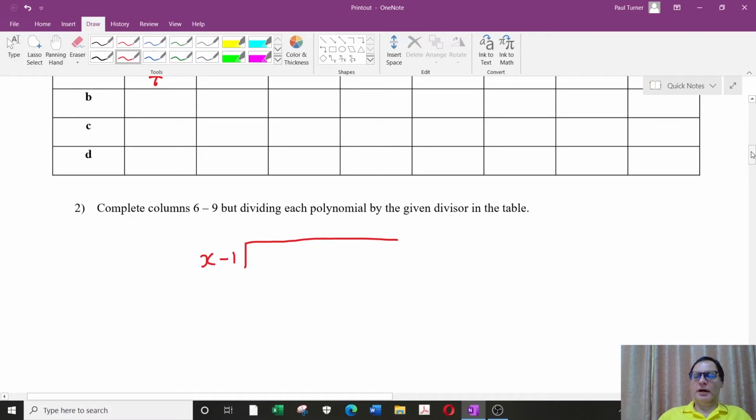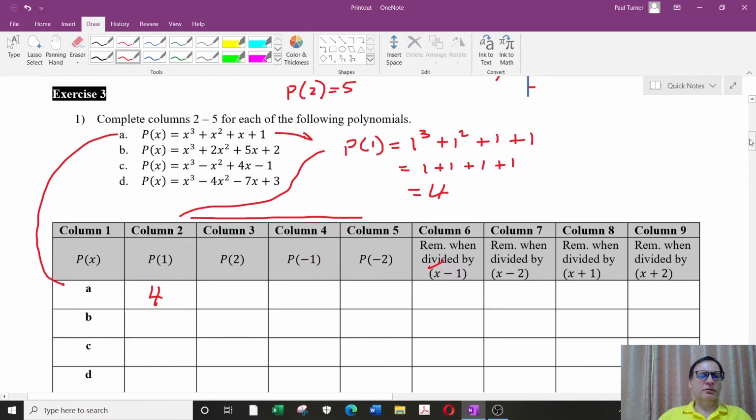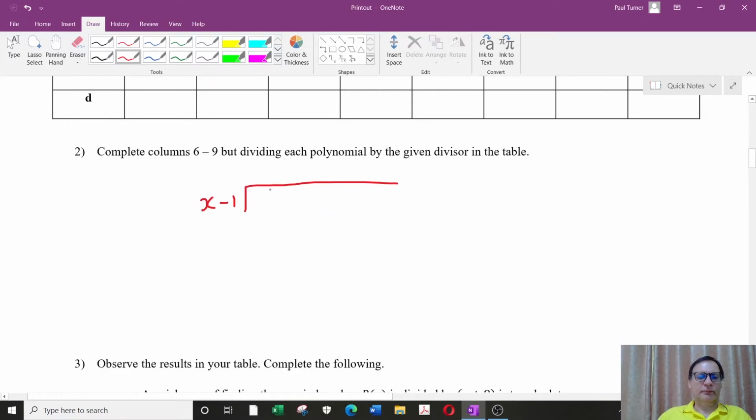So x minus 1 is being divided into the first polynomial for question A, this one here. So x cubed plus x squared plus x plus 1.